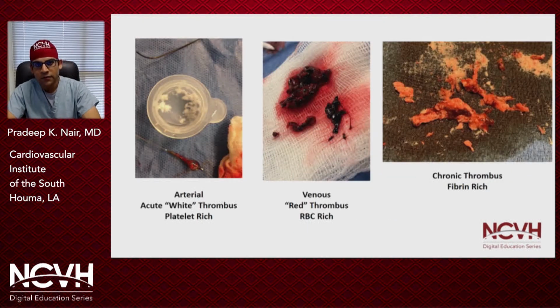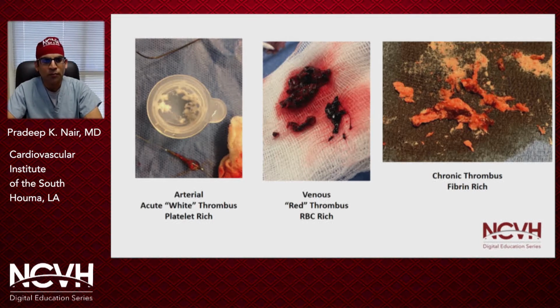So here's this little diagram of clots in general. On the left, this is in the earliest phases of clotting, what I call white thrombus or platelet-rich thrombus, in a patient that we extracted a clot from in an acute MI situation. In the middle slide, you can see what red thrombus or venous clot looks like, and you can see how dark it is.